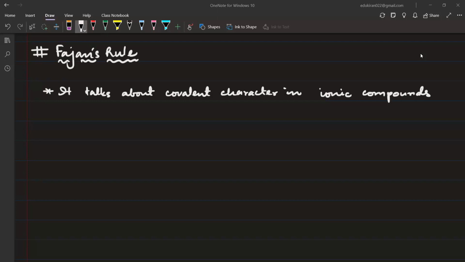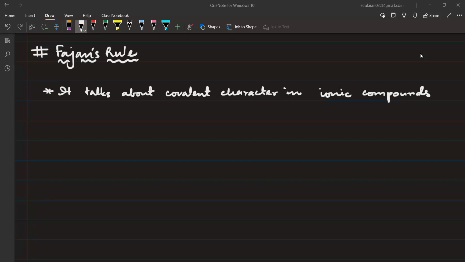So first of all, we have to understand what is meant by covalent and what is meant by ionic. If there is some covalent character in ionic compounds, that means it is not a very binary kind of thing. Rather, some covalency is present in ionic compounds and some ionic character can also be present in covalent compounds.